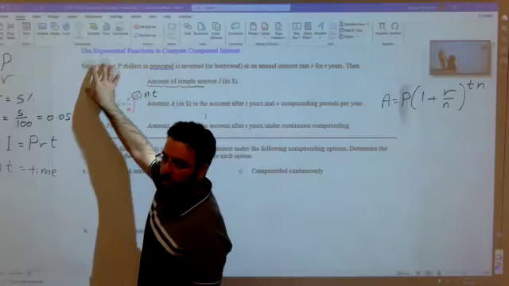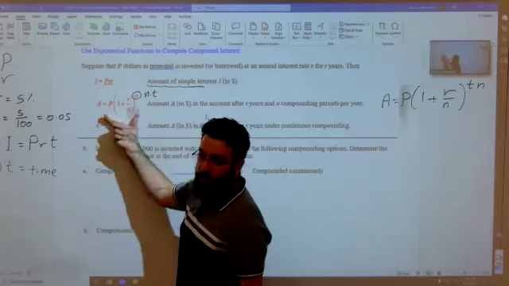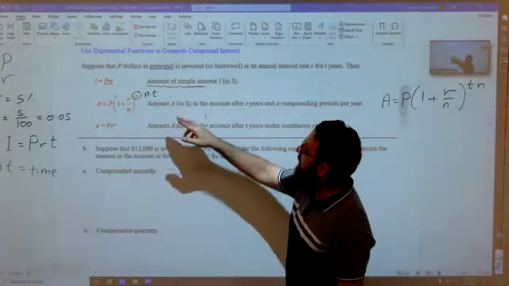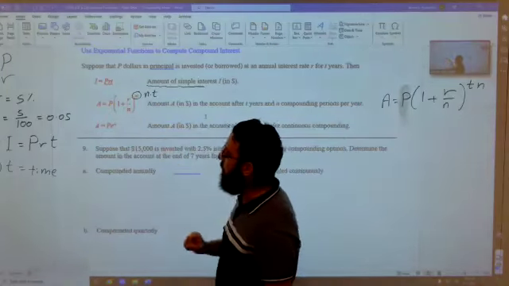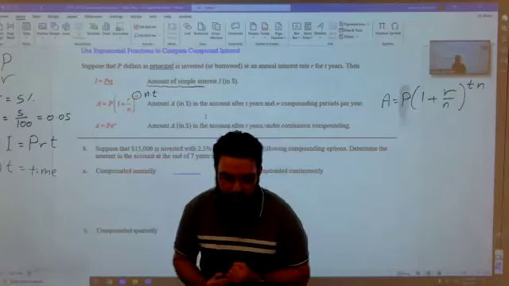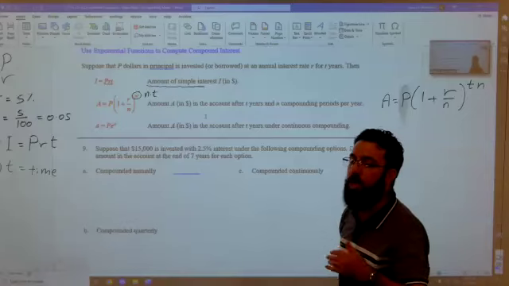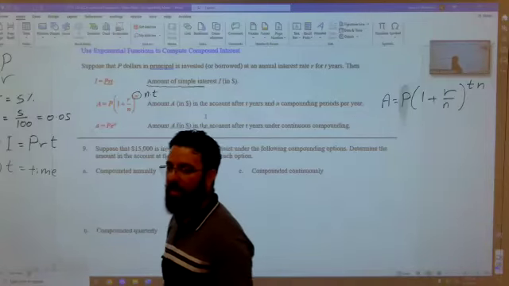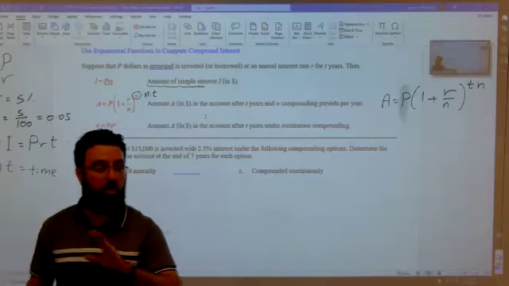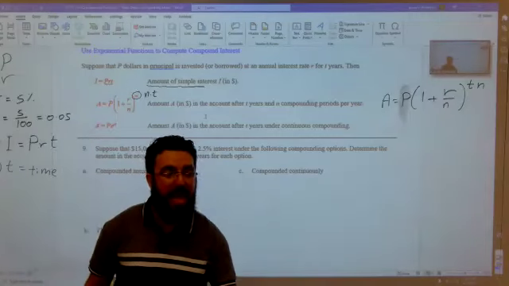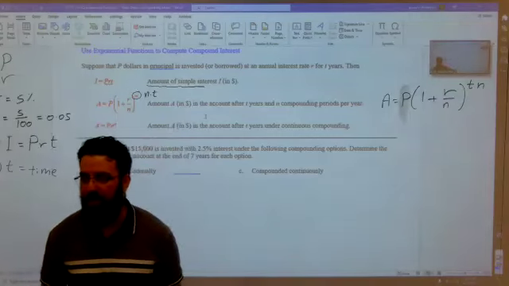I'm not going to use the simple formula, I'm going to use this formula. This formula is for compound. N is the compound, write this down. Compound annually, that means what is the value of N? If I say I'm going to give you interest annually, what does that mean?